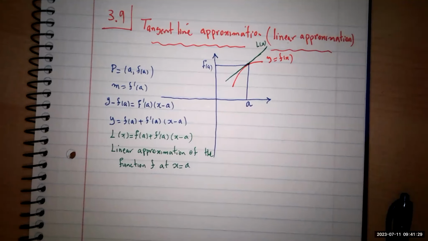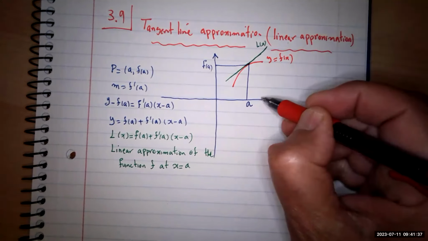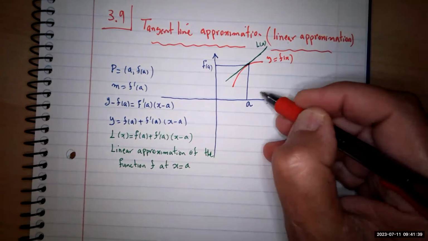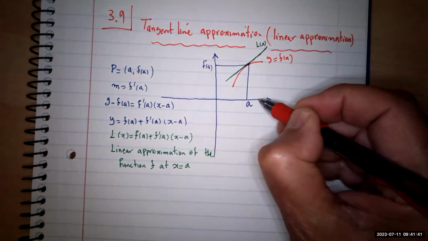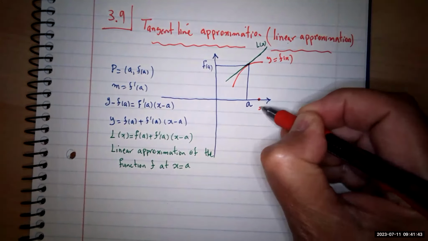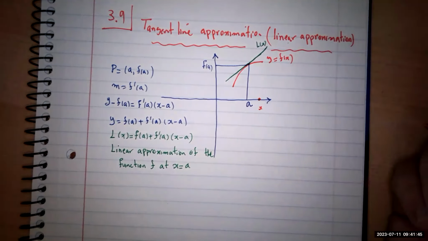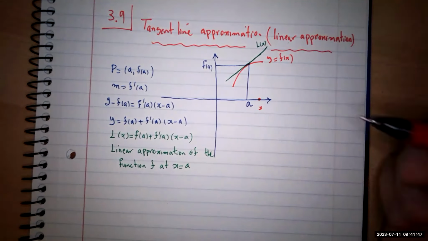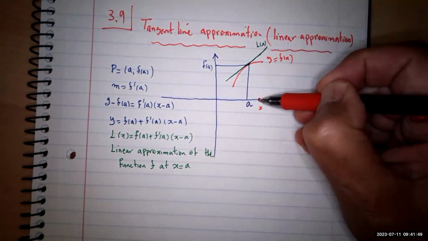Now, why we call it linear approximation? You see, this will tell you that if you pick a point, suppose you pick a point x here. If you want to find the f of x, what you can do is drop it into the function.